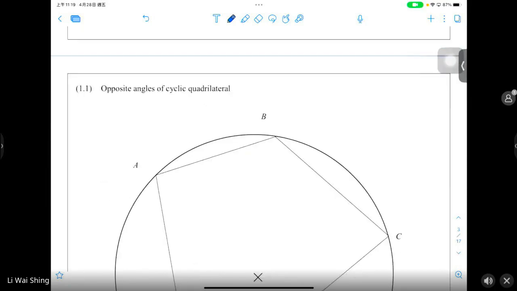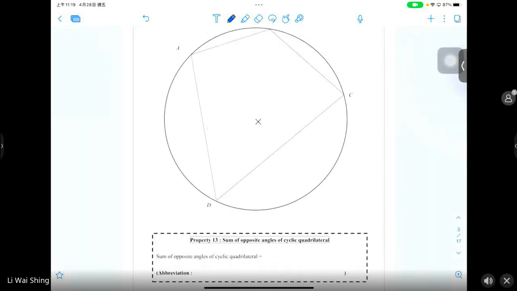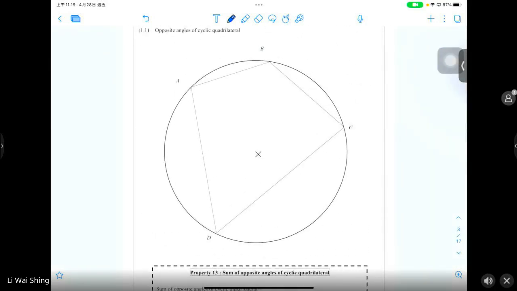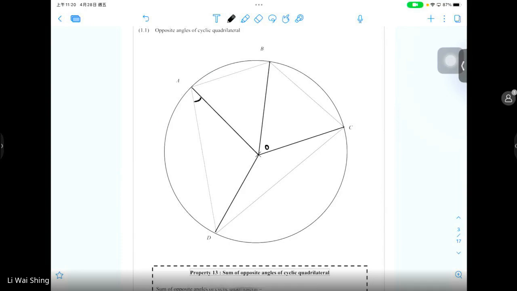Alright, so let's talk about the first property. Alright, when you see this, please help me to add some lines there. O is the center. O is the center. O is the center. So please add these 4 lines there. Alright? This is angle A, this is angle B, this is angle C, and this is angle D. Alright?